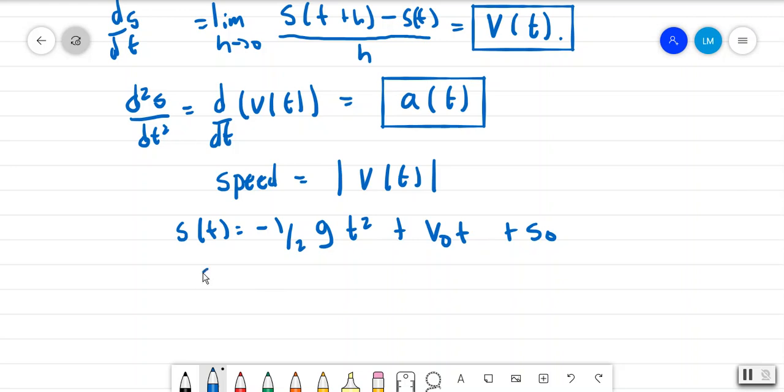If I take the first derivative, I end up with negative g t plus v naught. If I plug in 0, I get the initial velocity. So v of 0 is the initial velocity, whereas s0 was the initial height. If I take the derivative again, I get negative g, which is equal to the acceleration.